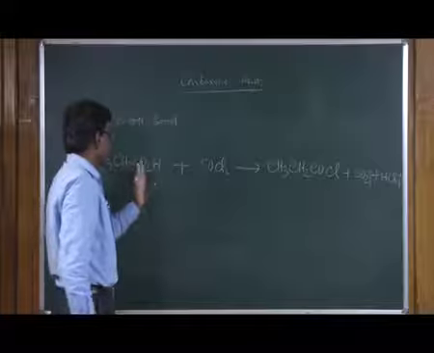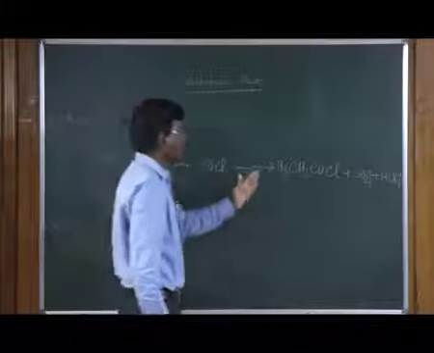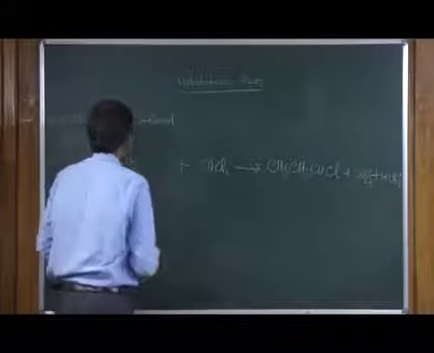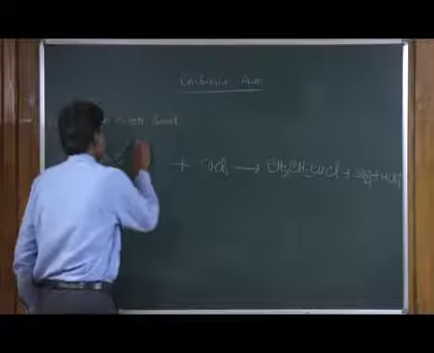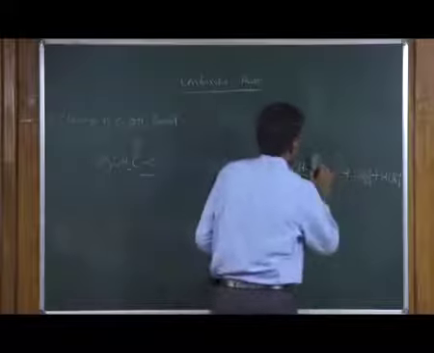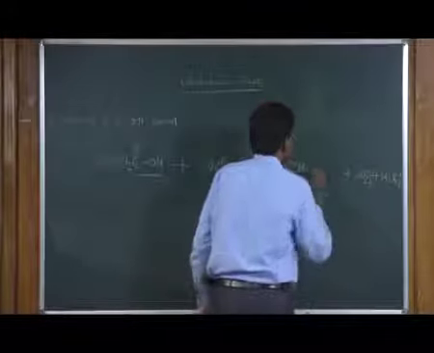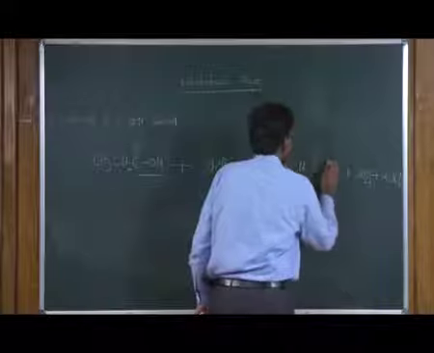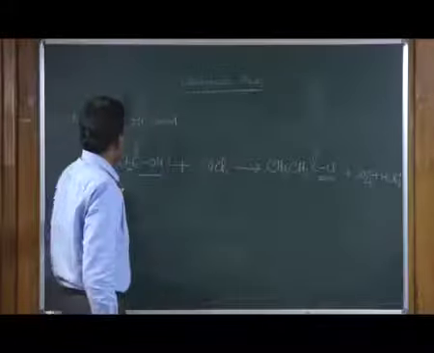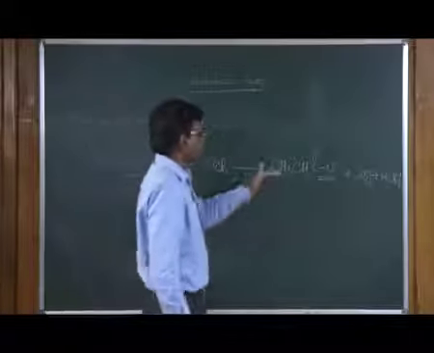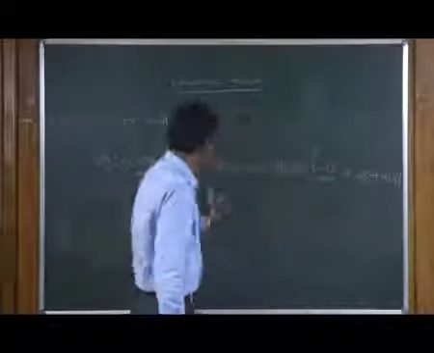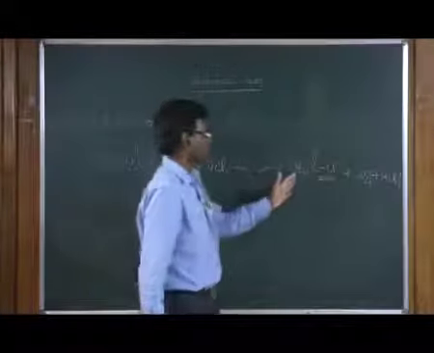That carbon OH bond is converted into a carbon Cl bond. This is also a very important precursor we use for acylation reactions. The acid can be converted to the corresponding acid chloride.